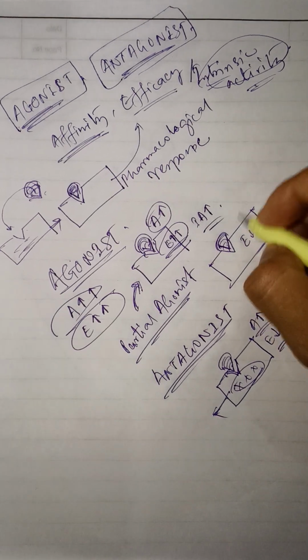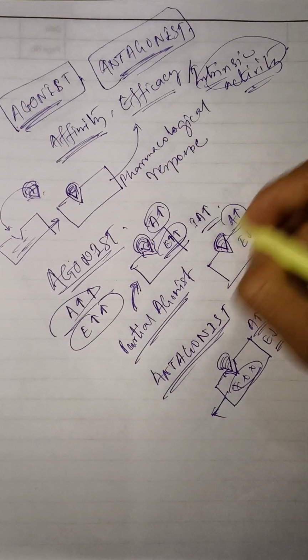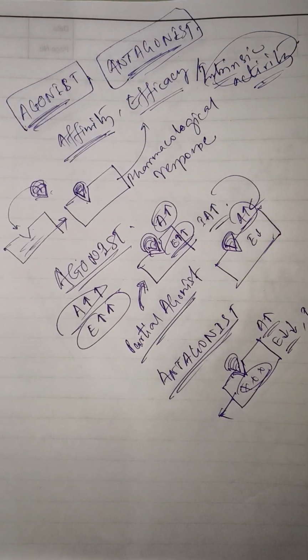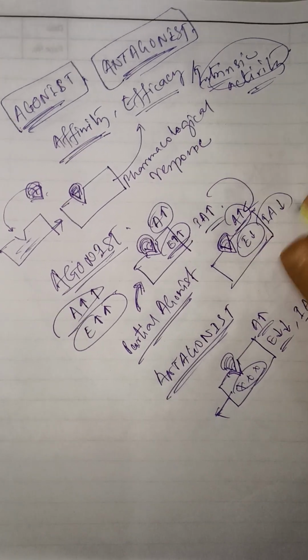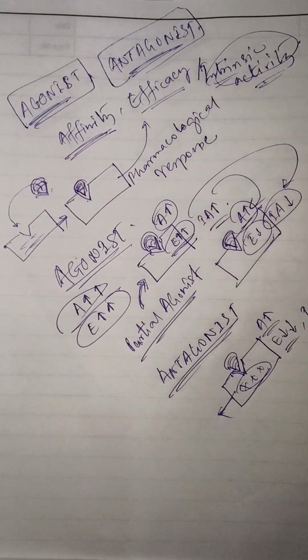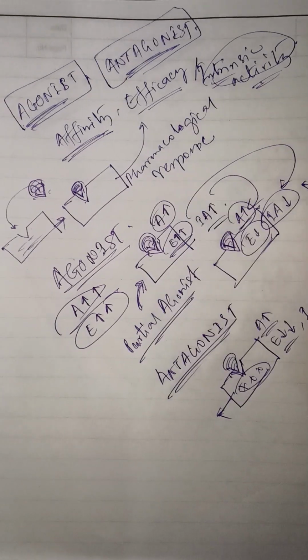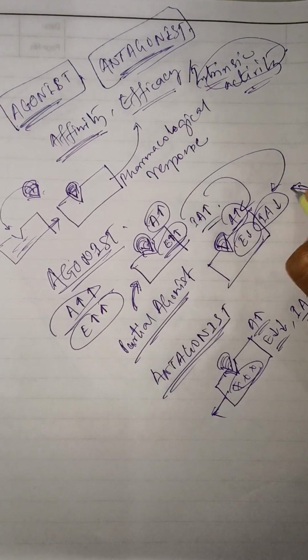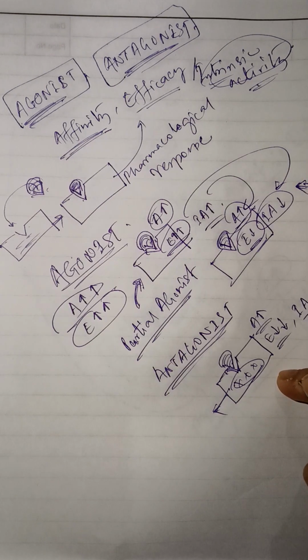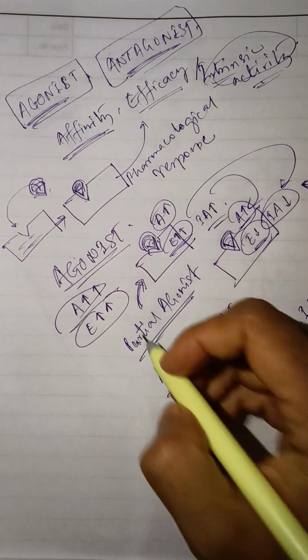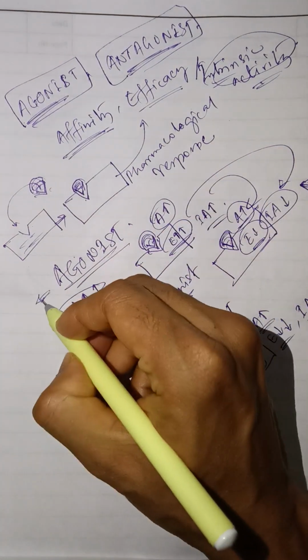So its affinity is almost the same as the agonist, but its efficacy or intrinsic activity is a little less than that of the agonist, though it has more intrinsic activity and efficacy than the antagonist.